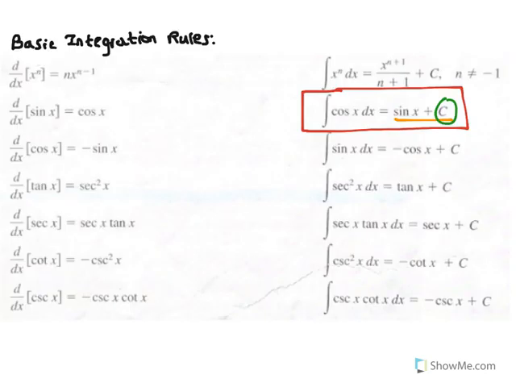The reason why we need the constant of integration is because an antiderivative of the function cosine could be sine x plus any constant of integration, such as 5, 7, negative 1/2, etc. Because when you take the derivative of sine x, you get cosine x, and when you take the derivative of any constant, you just get 0.